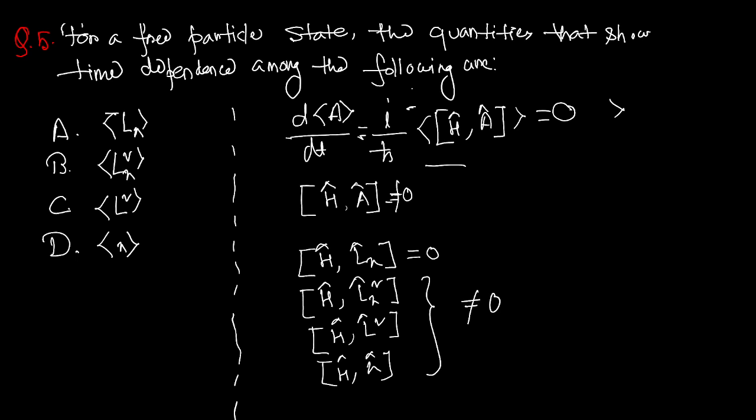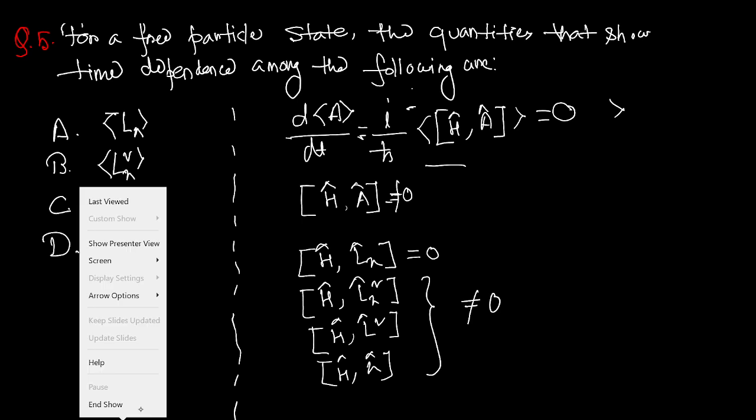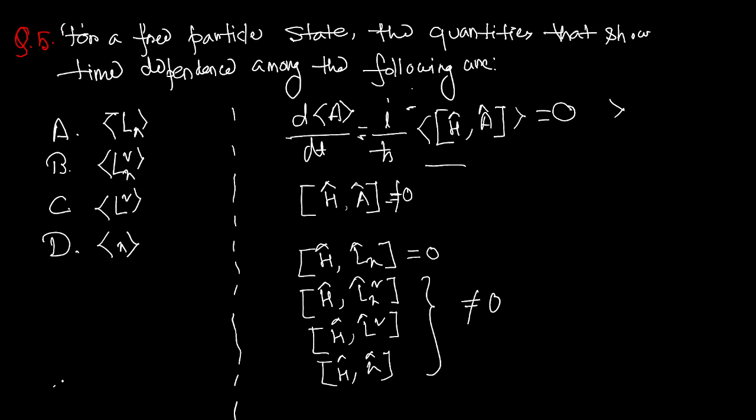These details are there in any book, or you can see my previous session also. The x component of angular momentum commutes with the Hamiltonian, but its quadratic term does not commute with the Hamiltonian, and the momentum part also does not commute with the Hamiltonian operator.